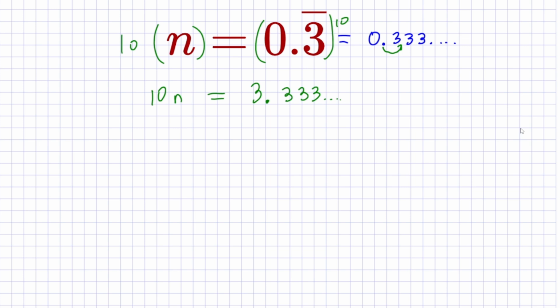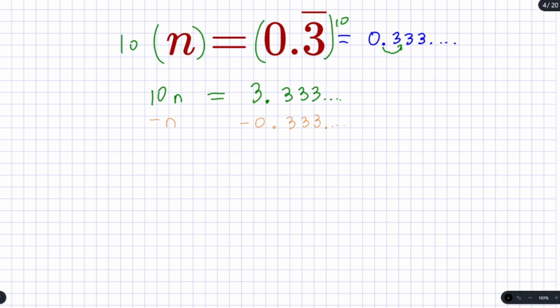That is how we defined it in the beginning of this problem. So if I wanted to remove all the threes that are repeating, I could subtract 0.333 repeating. That is also called n. So I'm going to subtract from the left side an n.